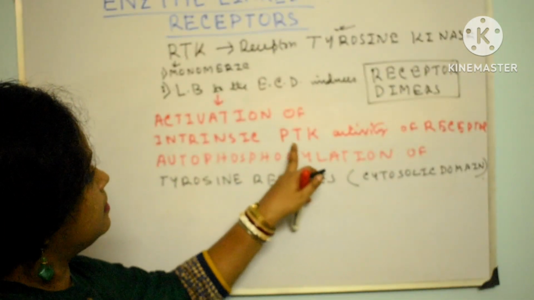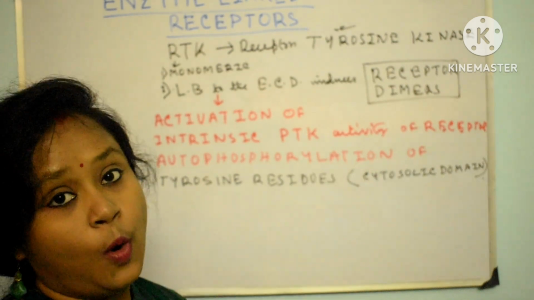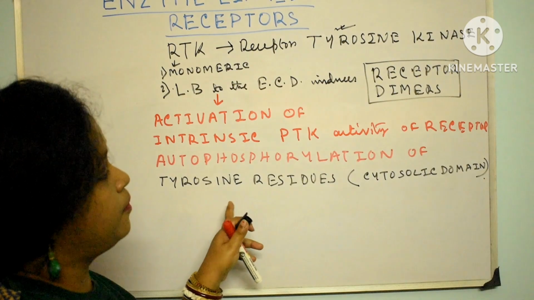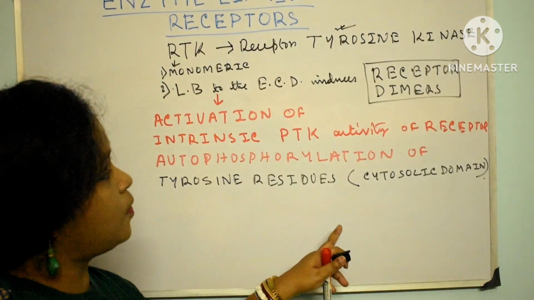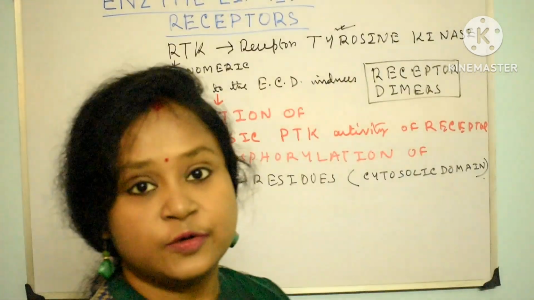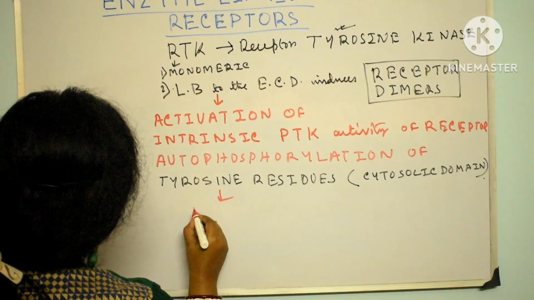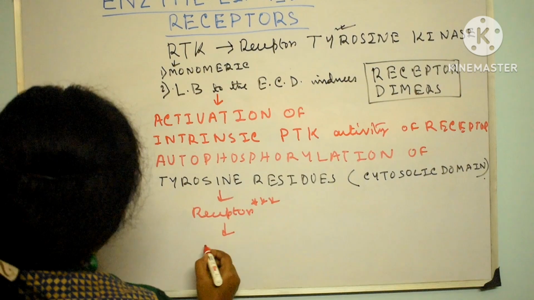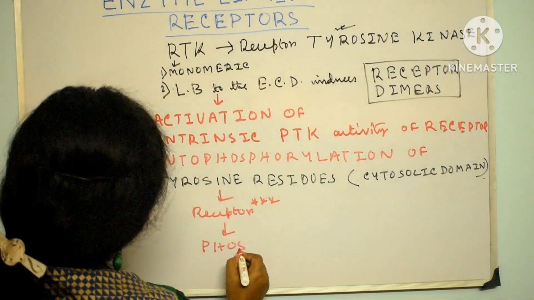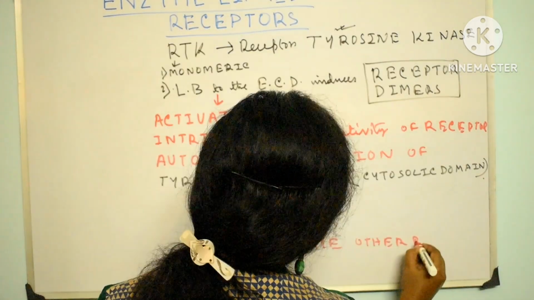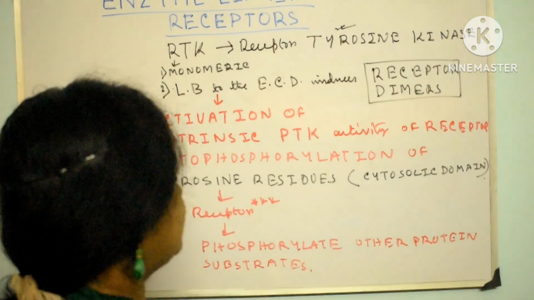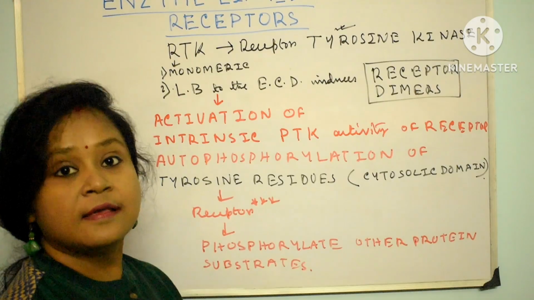Activation of the intrinsic protein tyrosine kinase activity of the receptor, and autophosphorylation of tyrosine residues occurs in the cytosolic domain. Now the receptor is activated and can now phosphorylate other protein substrates.